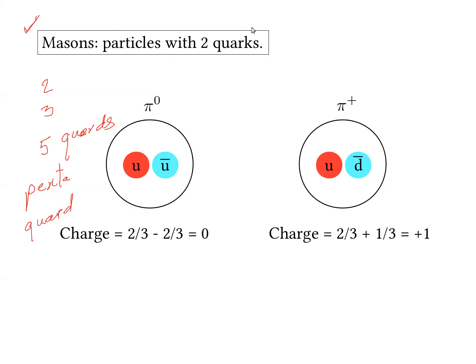It is a baryon, but it is made up of five quarks, so it is called a pentaquark. Some pentaquarks have been observed, but some have not been observed yet. Theoretically they should exist, but they have not been observed experimentally.